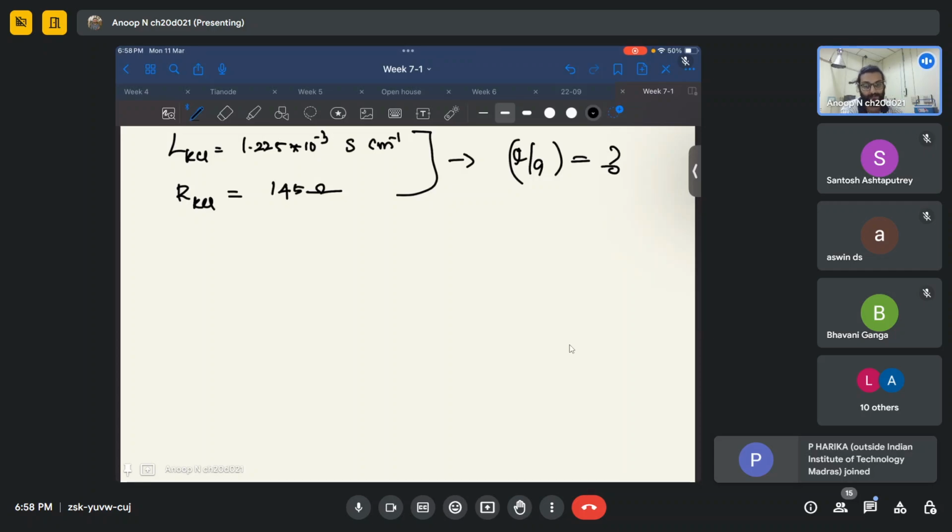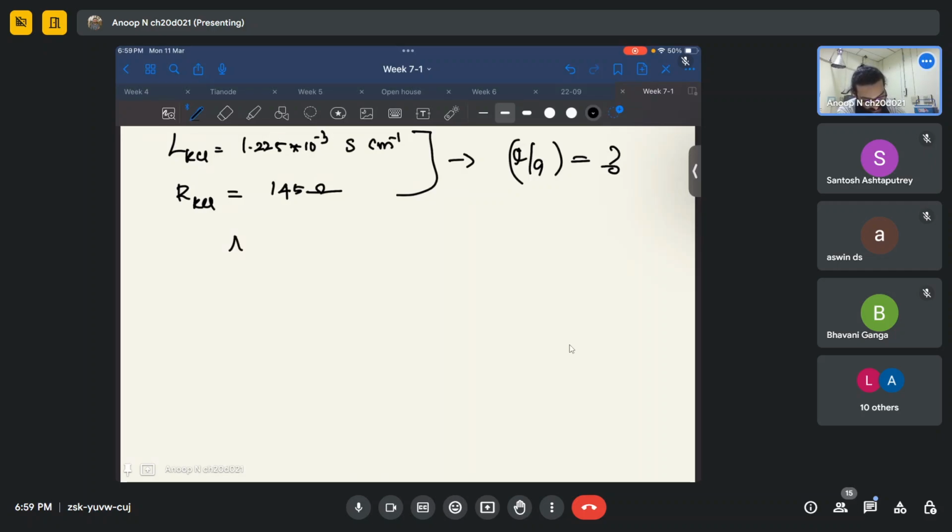What is the value for the cell constant?